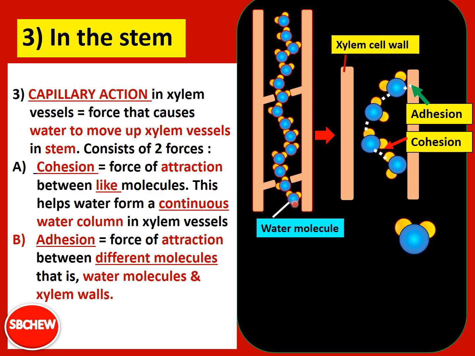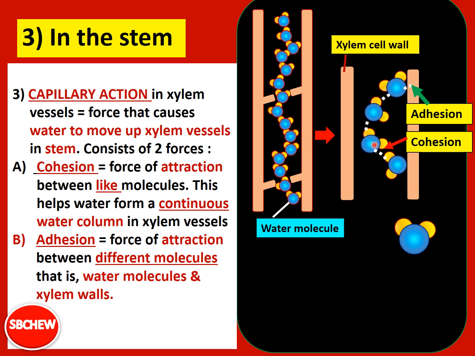Here in this picture, you see a long continuous column of water molecules that are attracted to each other and pulled up like a single strand inside the xylem vessel. If you look at two water molecules, the hydrogen end of one water molecule that is positively charged is attracted to the oxygen end of another water molecule that is negatively charged.